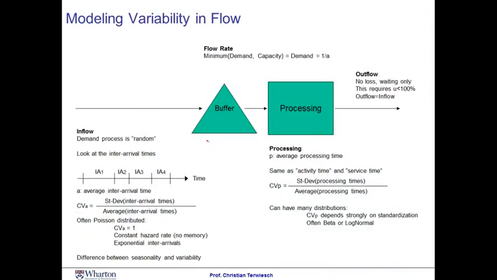We'll stay with the example of the doctor's office. This is pretty representative for most service operations. I have some waiting area and I have a resource. Notice that in this section now we're going to look at the case where the flow rate is constrained by demand.